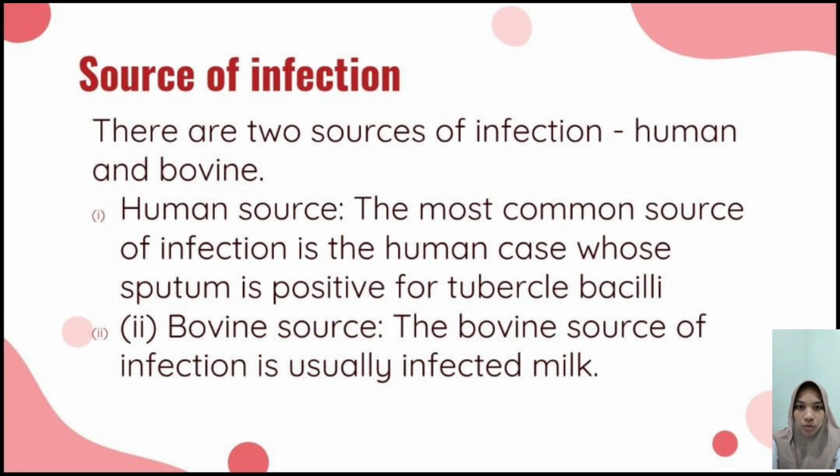There are two sources of infection, human and bovine. Human source: the most common source of infection is the human case whose sputum is positive for tubercles. Bovine source: the bovine source of infection is usually infected milk.